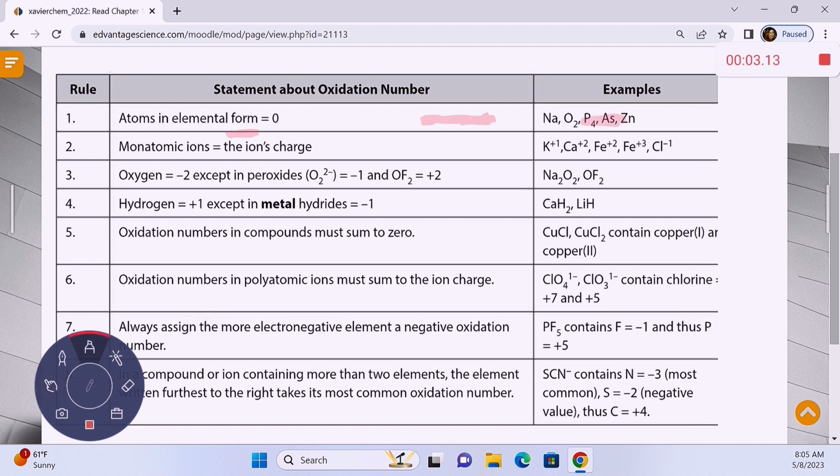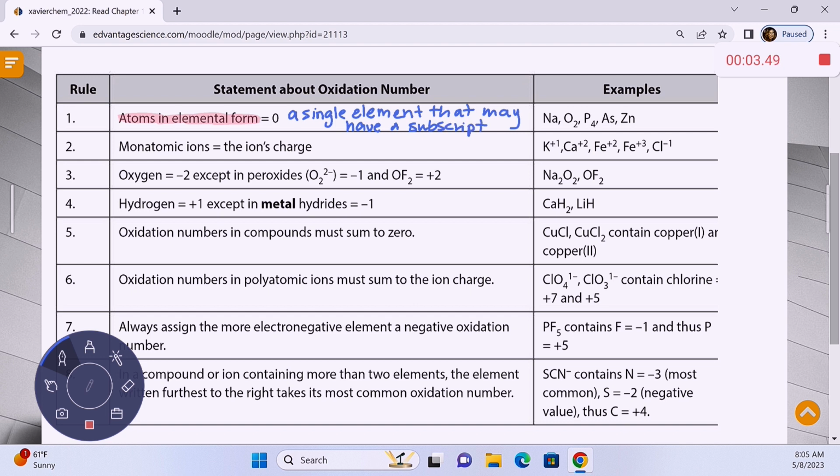All right. For the first one, if you have an atom in elemental form, that means it's just that element symbol alone. It may have a subscript, so I'm going to write that here: a single element that may have a subscript.